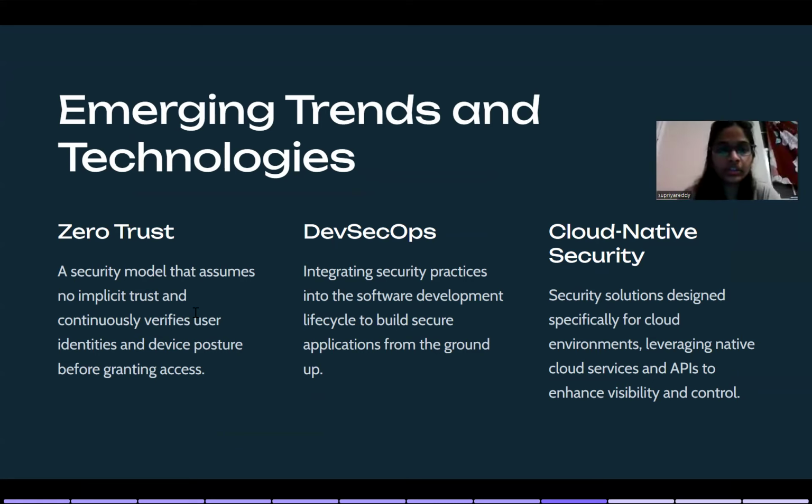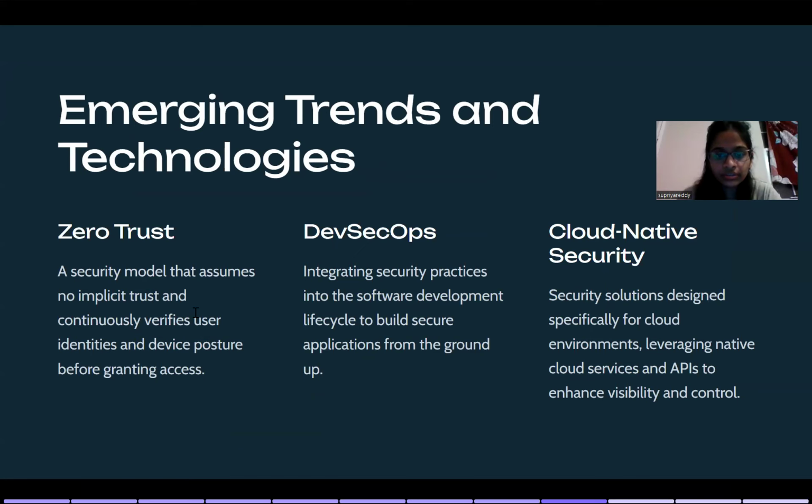Yeah, I would like to explain emerging trends and technologies. And here there are zero trust, DevOps, and cloud native security. First, zero trust is a security model that assumes no implicit trust and continuously verifies user identities and devices before granting access.